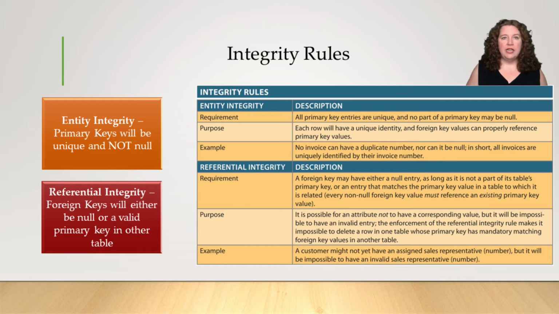So John Doe quits, and there is a reference to John Doe's ID number sitting in my client's table that says, in my client table, John Doe's ID 1, 2, 3, 4, 5 is his representative. But there is no 1, 2, 3, 4, 5 left in the representative table because John Doe quit and we deleted his record. That would be a break in referential integrity because right now that record, that foreign key, is referring to an invalid rep ID.